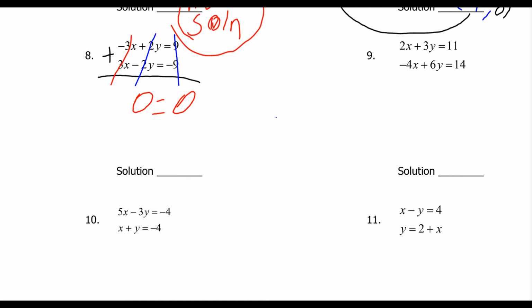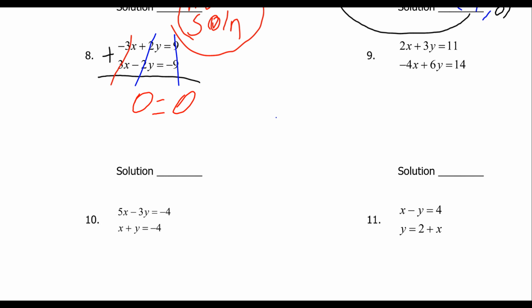So, what we say whenever 0 equals 0 is that there's infinitely many solutions. Okay? Everything is an answer. It doesn't matter what you plug into the top, you'll get the same thing. You will get 9. And whatever you plug into the bottom, you will always get negative 9. It always works, and it's great.